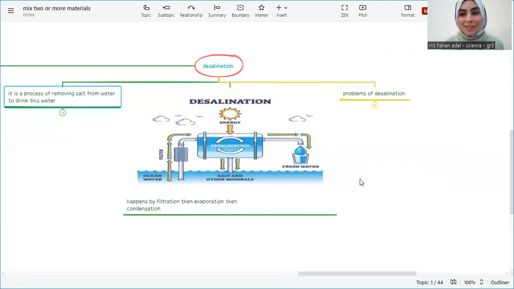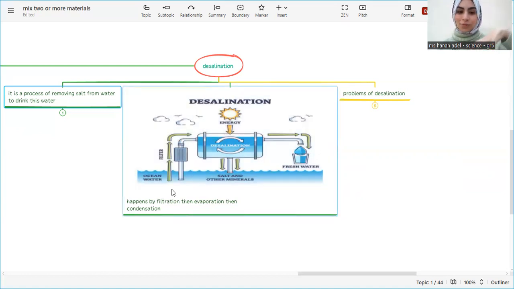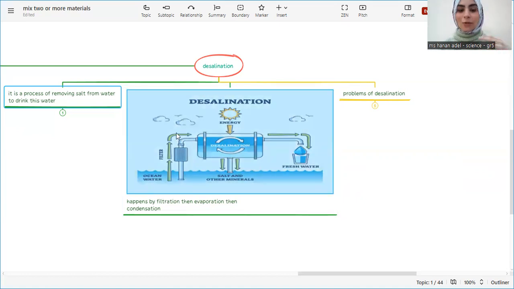Now, how does desalination happen? It happens in 3 steps. The first one is filtration, when we take the water here from the ocean and filter it from the big things, like any living organisms, the sand, the rock. Now the water will pass to the next step, and this water contains salt and minerals.